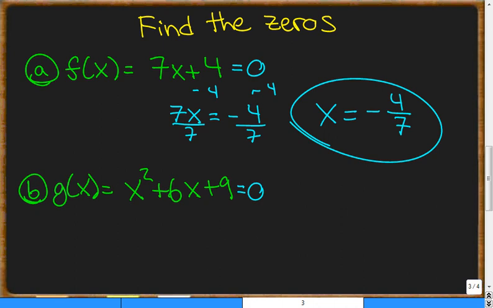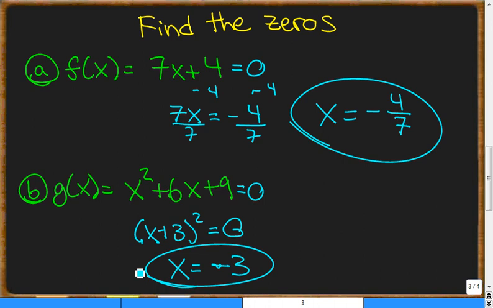Well, we could do the quadratic formula, or we could actually factor. And if you did the quadratic formula, you would find that x would be negative 3. There's actually only 1 zero for this. So again, the quadratic formula is perfect for this because you have a quadratic.